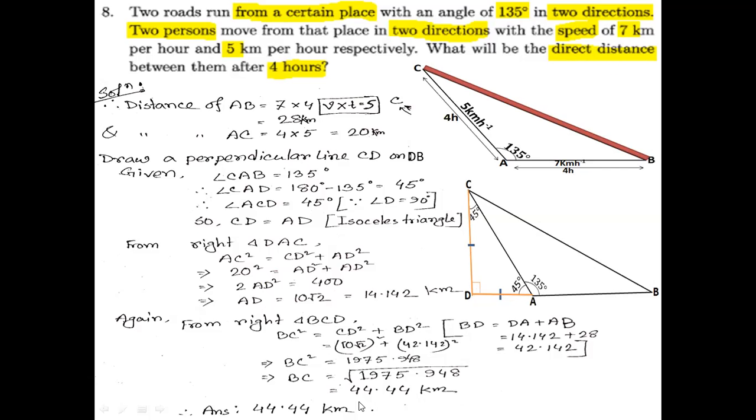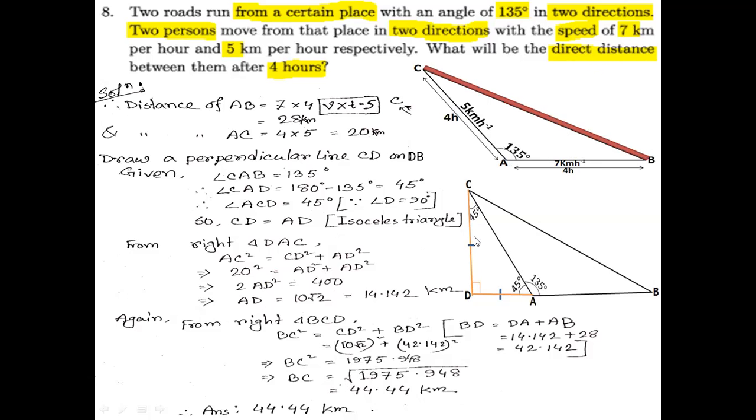So this is really complicated math, but as a summary: we have to find the distance of AB and the distance of AC by applying the AC equals VT formula. Clear? The second thing is we have to find the angles, this angle and this angle.